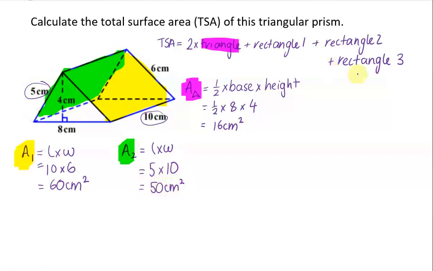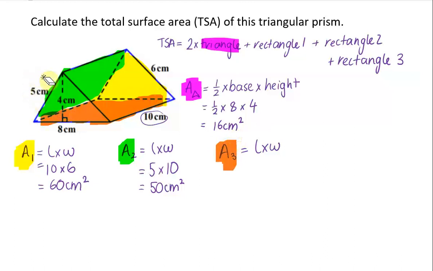The last thing we need to find is the area of rectangle number 3. We're going to call it A3. We find that by length times width, our formula for the area of a rectangle. I'm going to color this one orange on the bottom here. It's a little bit tricky because my highlight is very thick, but it's the rectangle on the bottom, or the base.